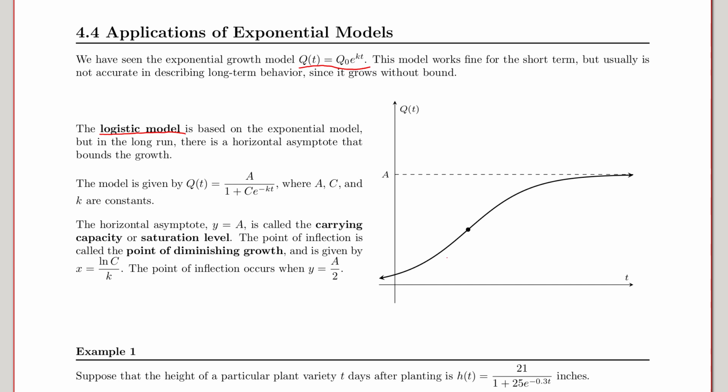And if you look here, we're concave up here, and over here we're concave down. So what happens is we have this point here, which we know is a point of inflection, where concavity is changing. And what that does is it allows our population in the long run to approach what we call a carrying capacity.